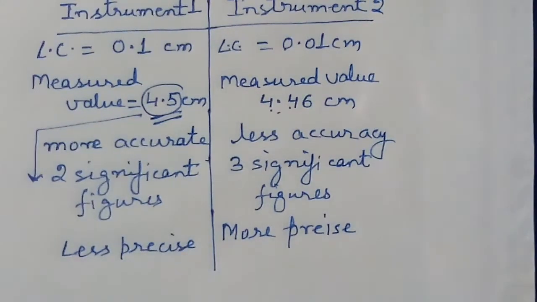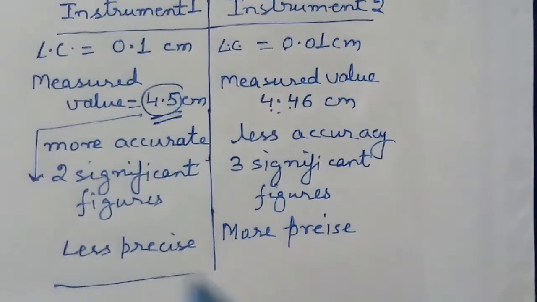That means accuracy and precision are two different things. With the help of this example, we came to understand the difference between accuracy and precision.